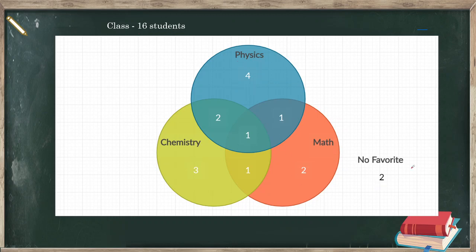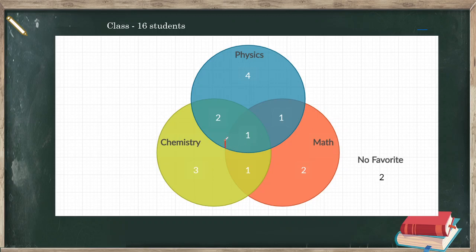Now looking at this example, can you tell me how many people said they like all the subjects? Which is the interacting area of all 3 circles? This circle interacts with these 2 circles here, this circle interacts here, this circle interacts here.